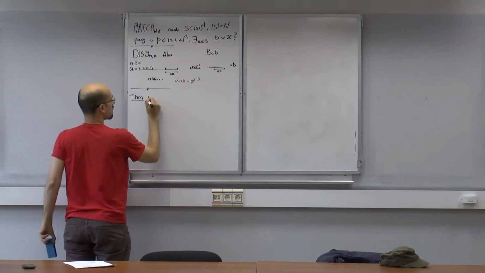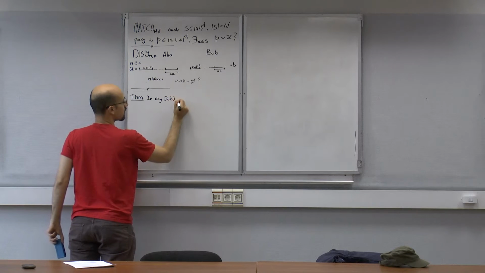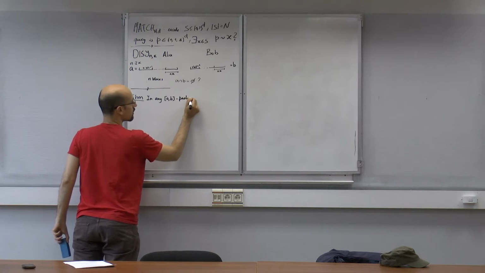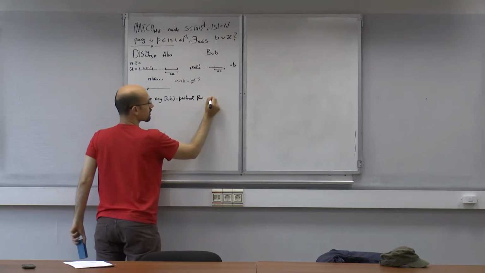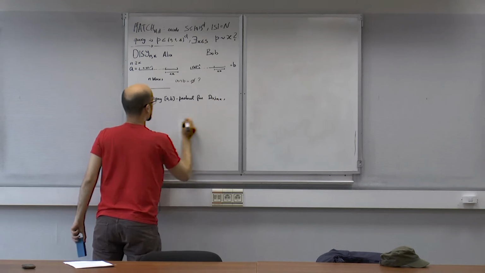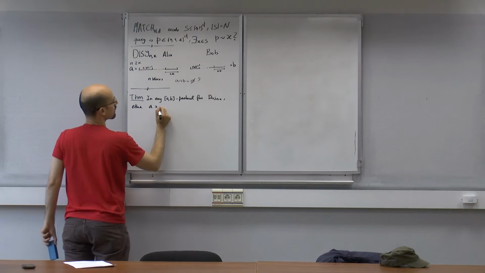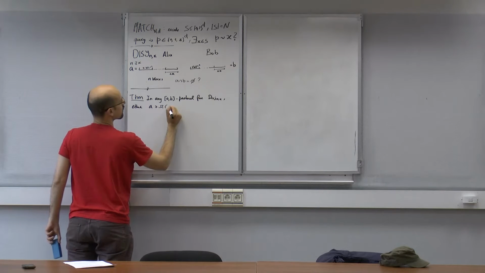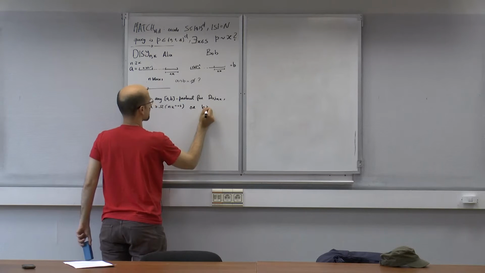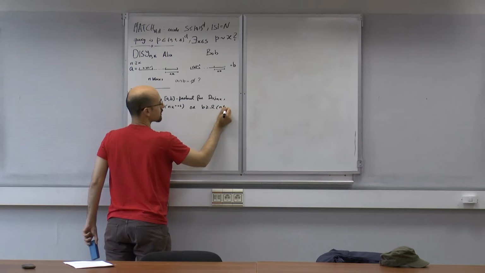In any AB protocol for disjointness, either Alice sends at least n times k to the 1 minus 2 delta bits, or Bob sends at least n log k bits.